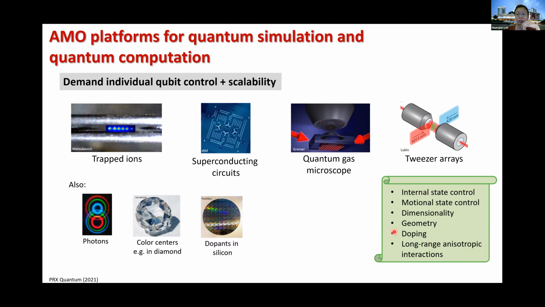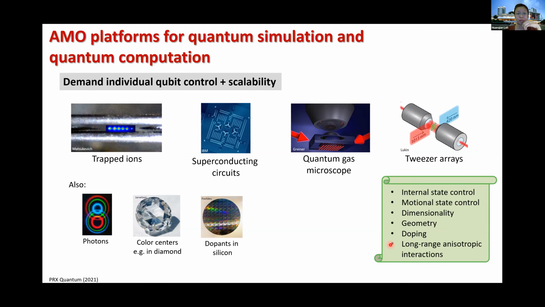You can control the geometry very well by arbitrarily rearranging these atoms in real time. And you can also control the doping. And finally, to make all of these atoms and molecules interesting for the various applications, they need to have some form of long-range anisotropic interactions.